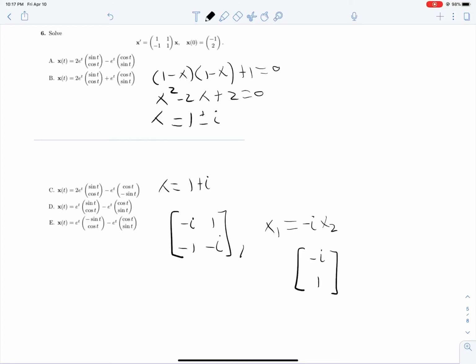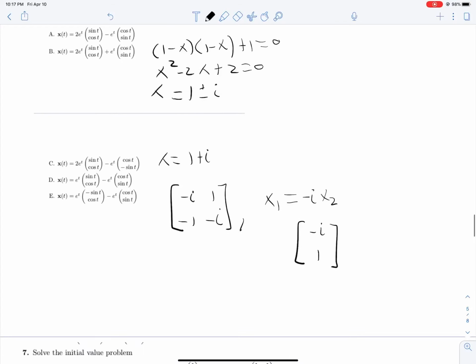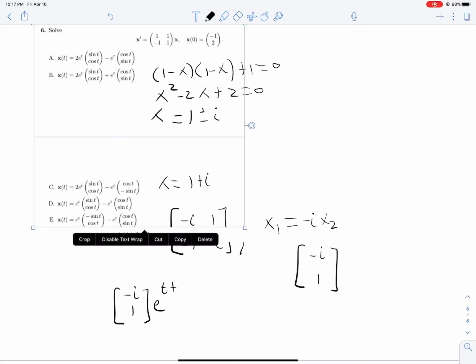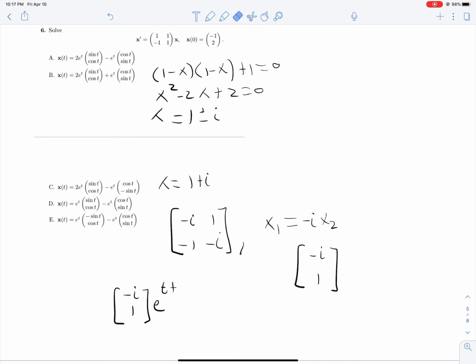And so now with this, we will take v1, which we just found to be negative i, 1, and multiply it by e to the lambda t. And I'll just expand that to be e to the t plus it.